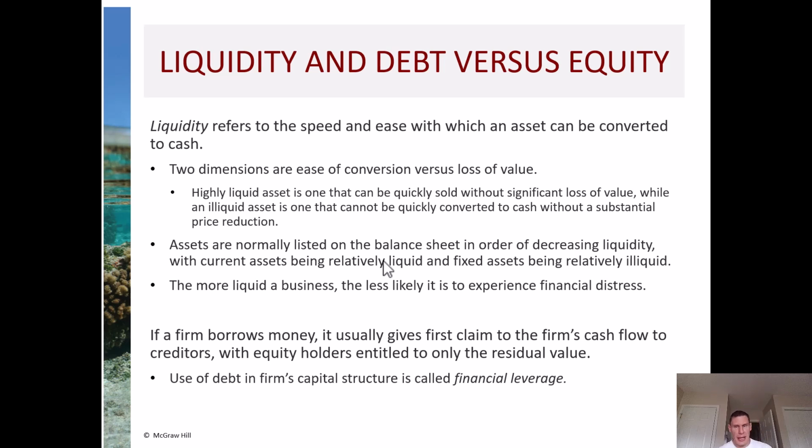Assets are typically listed on the balance sheet in order of decreasing liquidity, with current assets being relatively liquid and fixed assets being relatively illiquid. So the more liquid a business, the less likely it is to experience financial distress. At least we could say in the short term.